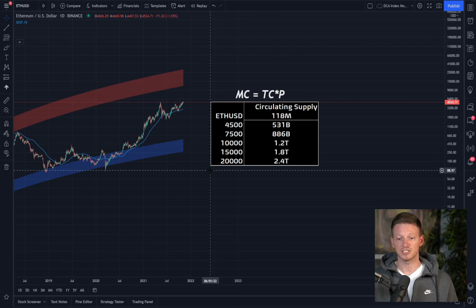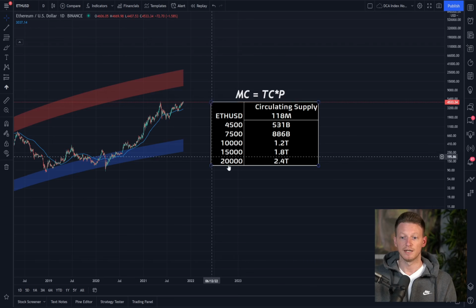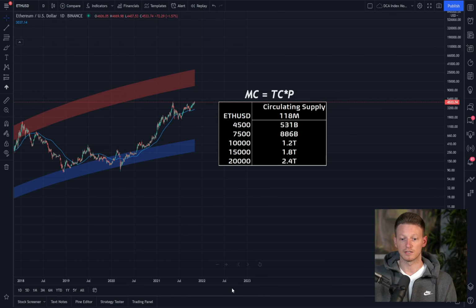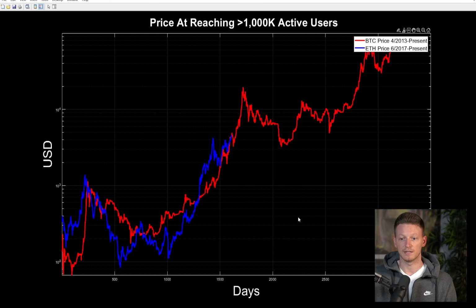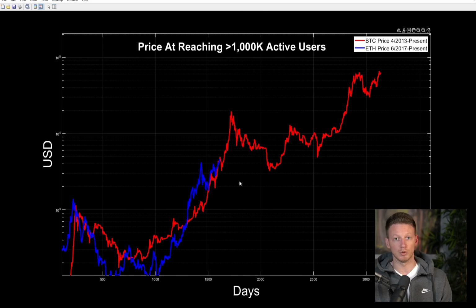So personally, I tend to think that Bitcoin is going to continue to be the king of the hill and sort of dominate the cryptocurrency market. But I think to ignore what Ethereum is doing is quite frankly foolish.